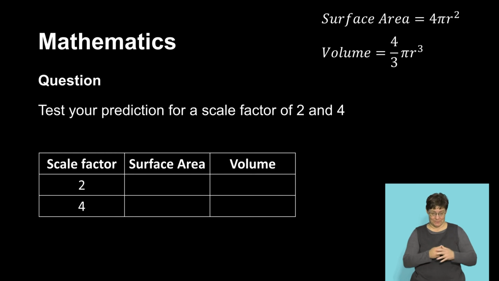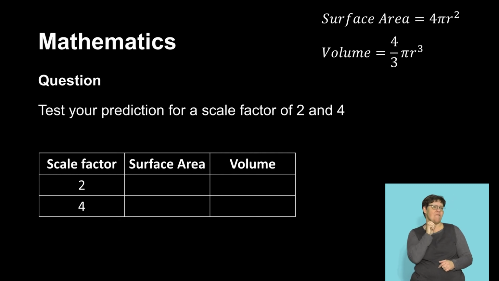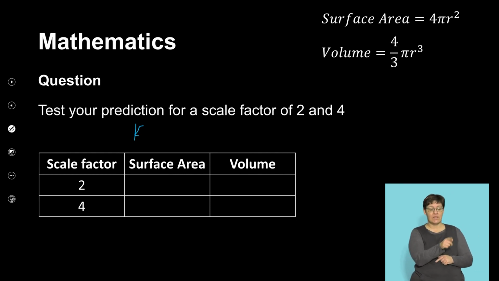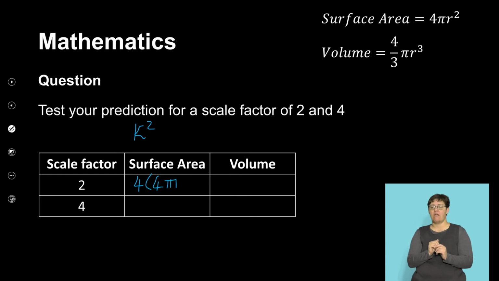Great, guys. So we are now going to test to see if we are right. So previously, the new surface area was k squared times the surface area, where k is the scale factor. So I want to see if my new surface area is going to be my scale factor squared, which is 4, times the original surface area, which is 4 pi r squared.